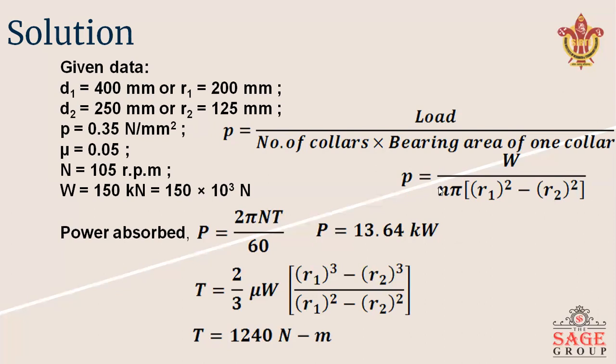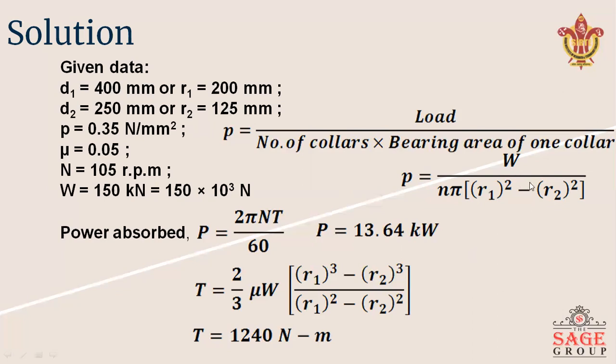We substitute W equals 150 into 10 to the power 3, P equals 0.35 Newton per mm square, and R1 and R2 are also given.